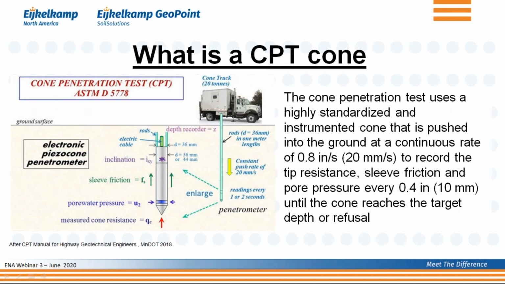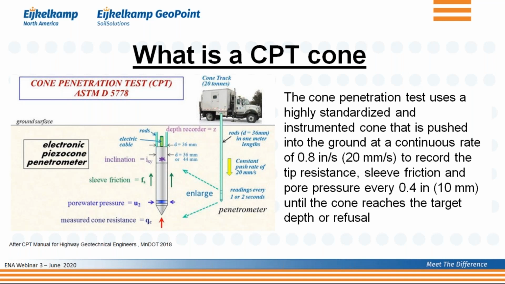So let's first look at what a CPT cone is. You've seen this slide before if you were in previous webinars with us. On the left-hand side, you see a graphical depiction of a CPT sounding. A CPT cone truck is pushing standard CPT rods, which have a diameter of 36 millimeters, which is 1.44 inches, into the ground.